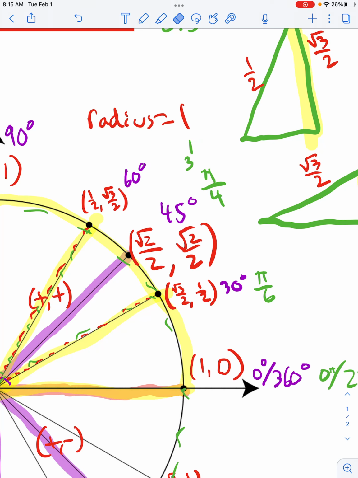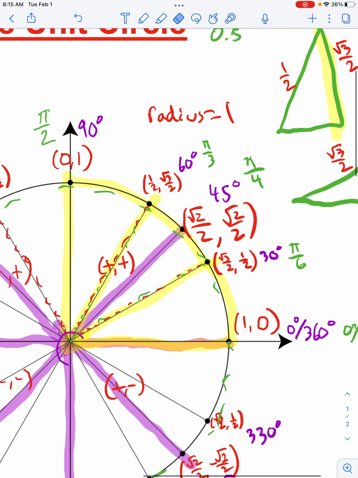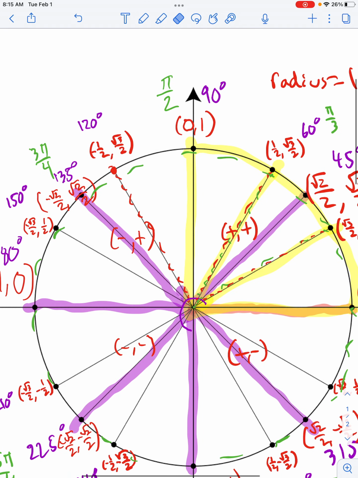So we call this pi over 3. And then if I add another pi over 6, I end up with 3 pi over 6. But again, 3 divided by 6 equals 1 pi over 2, which is pi over 2. So we already have that one. But the thinking is just keep adding pi over 6 to each degree.